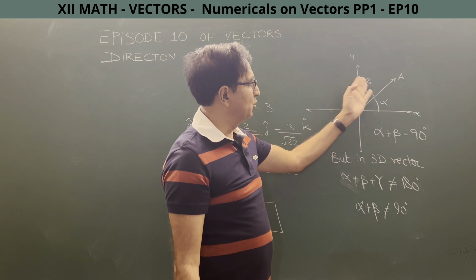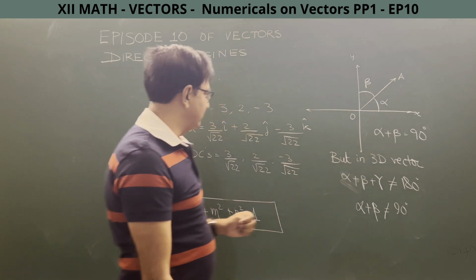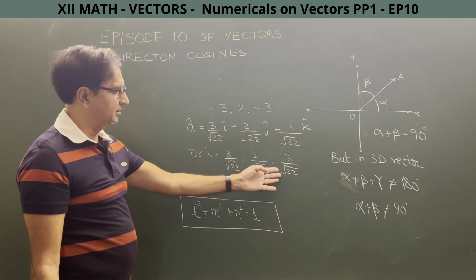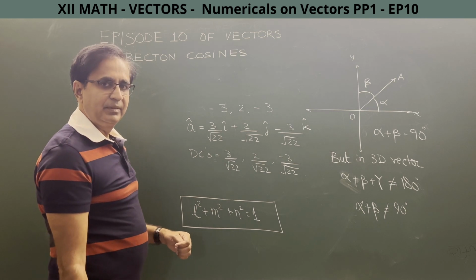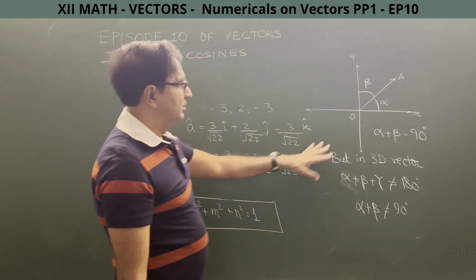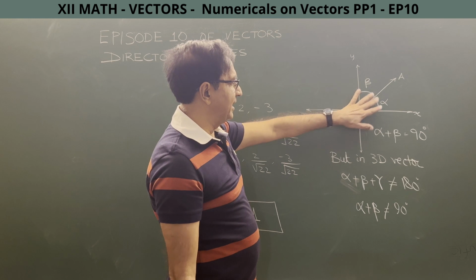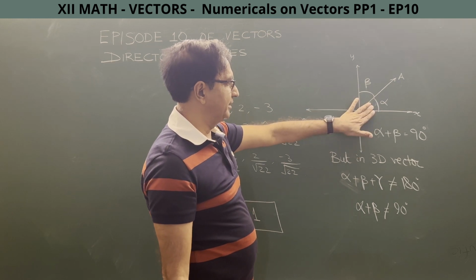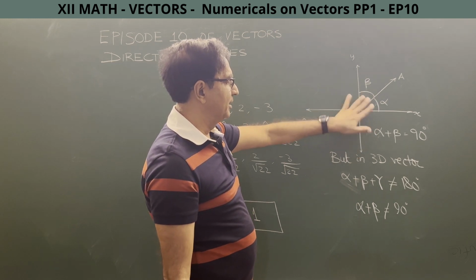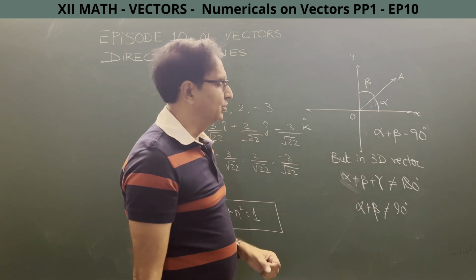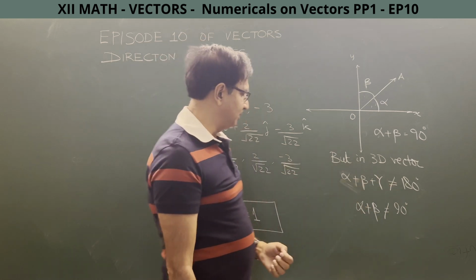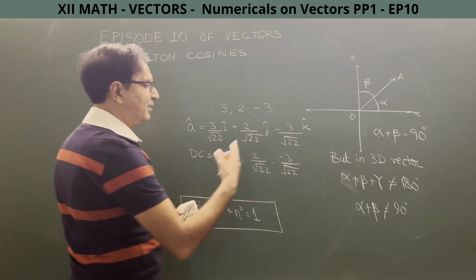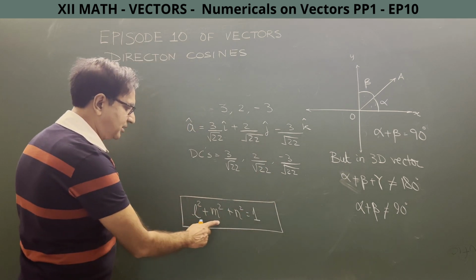So if you are given two angles and you have to find the third angle, you will have to use this relationship. Alright. So if you have a two-dimensional vector, yes, alpha plus beta is 90. If you know this is 30 degrees, you can say this is 60 degrees. But in a three-dimensional vector, you cannot use this kind of relationship. So if two angles are given and you have to find the third angle, we are going to use this theorem.